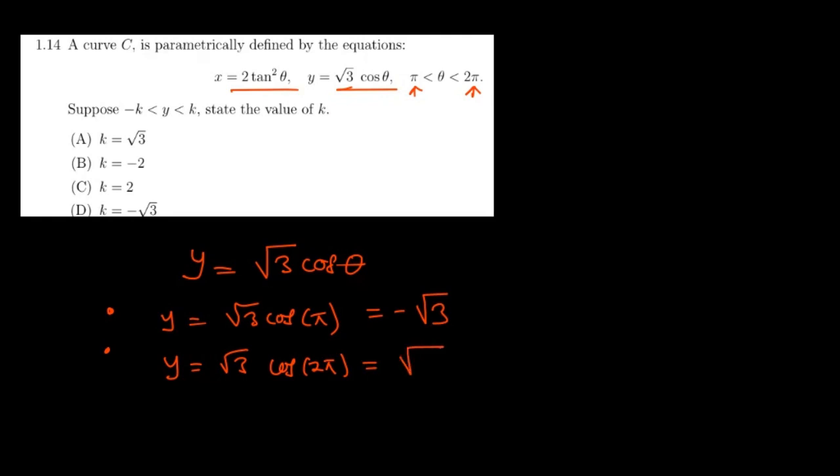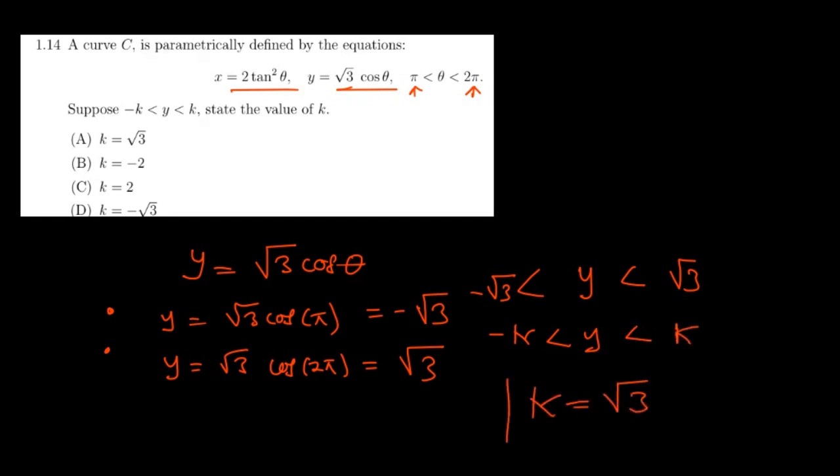Okay, so this will just be root of 3. So y is between these two numbers. So you can say y is between root of 3 and minus root of 3. But again, we are given this. So what is the value of k? The value of k is just root of 3. Okay, so you pick A.